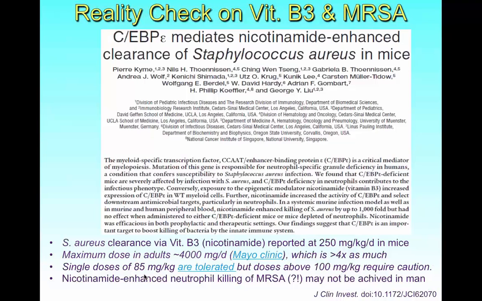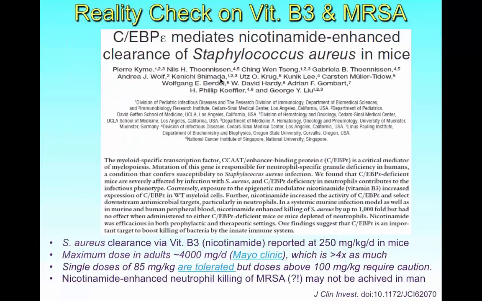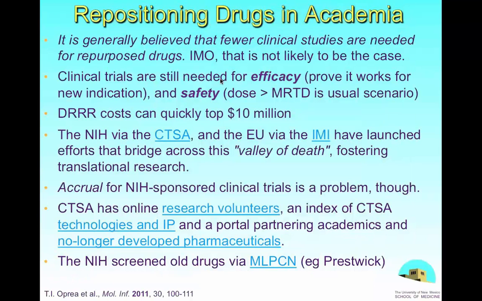But what's more annoying is that they actually sold it as a different story than it really was. Okay? And then, of course, patients say, oh yeah, there's hope, we're going to get the cure. So how many times does this happen? Quite often. The way I phrase it, it's generally believed that you need to do fewer clinical studies when you do drug repurposing.